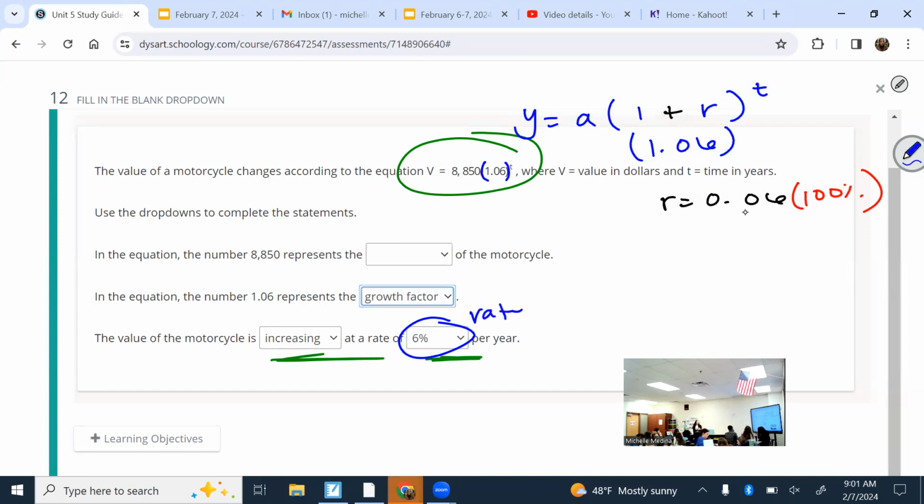So that would be my R. But the growth factor, remember, is another word for B. And B is what this chunk of it is. So when it's all together combined, that's my common factor. That's what I'm multiplying by each time.